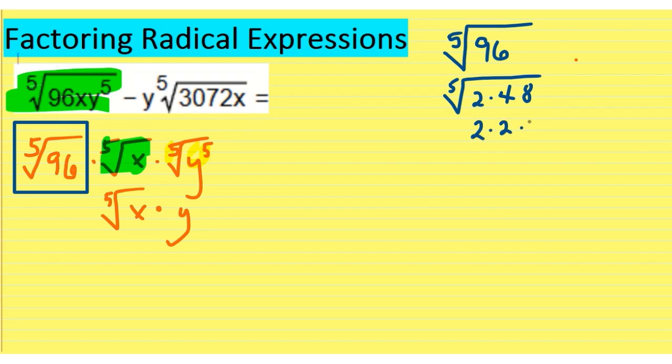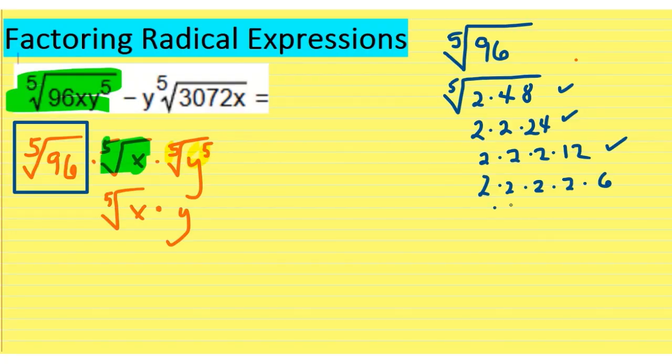So 2 times 2 times 24, and then 2 times 2 times 2 times 12. And if you notice, this is still equal to this, and let's keep breaking it down. So 2 times 2 times 2 times 2 times 6.